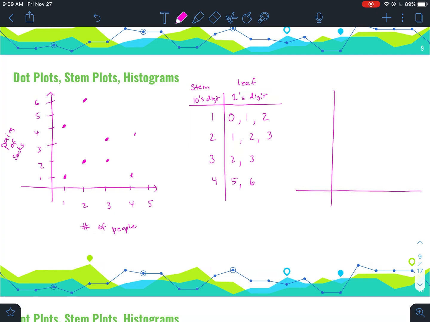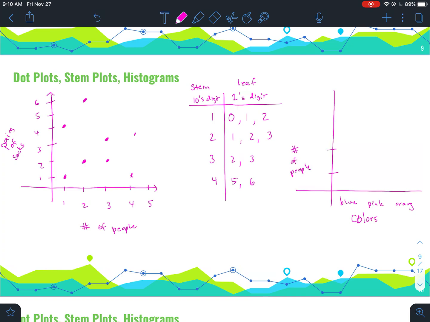A histogram is like a bar graph pretty much. And so you could do, like, you know, if you were talking about favorite colors, and then number of people. You could have like blue, and pink, and orange.